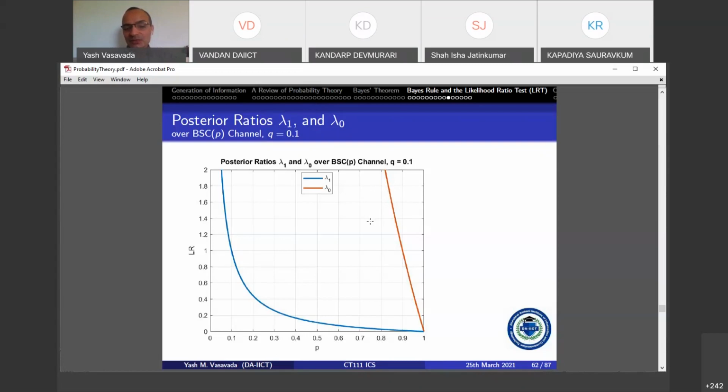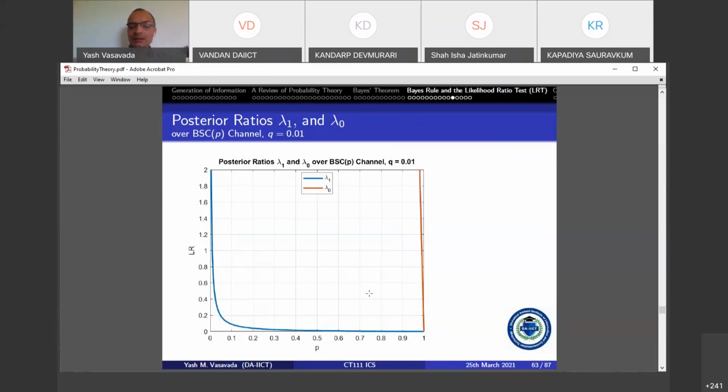Previously, it was just 1.5. How did it become suddenly so large? Again, because your prior about x equal to 0 was very large. It was 90%. On top of that, if you observe y equal to 0, it further strengthens your belief that the transmitted bit was 0.